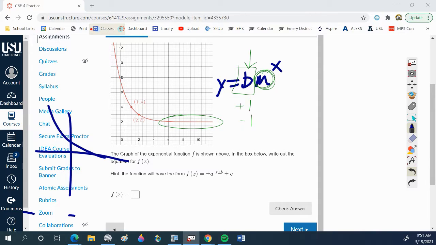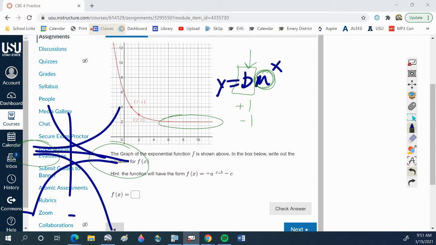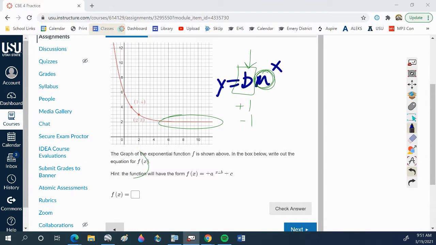So all exponential equations look like this. And you'll notice that on one side or the other, we are getting closer and closer to 0. Okay? So this graph has been bumped up 2. So that tells me that this number is +2. Does that make sense?